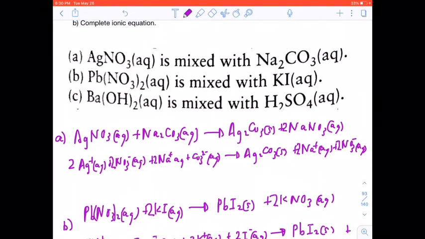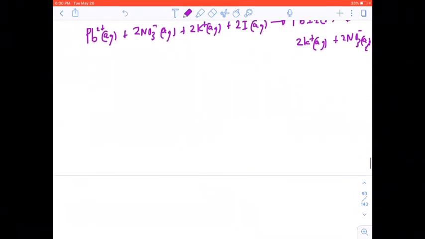Right, let's look at the next one. That's barium hydroxide and H2SO4. Okay, so you've got barium hydroxide aqueous plus H2SO4.